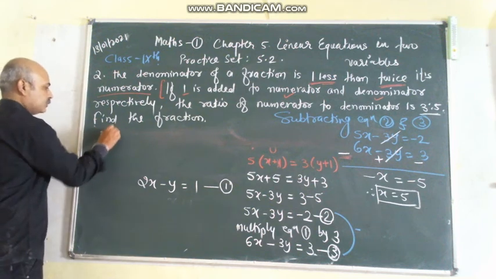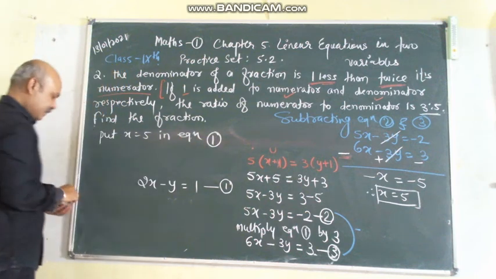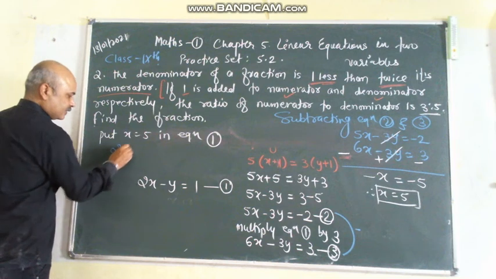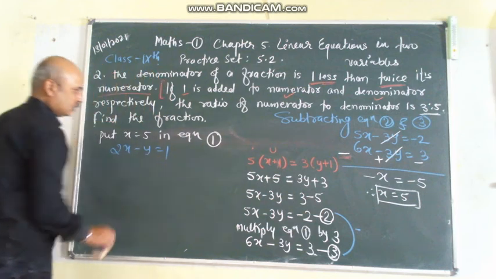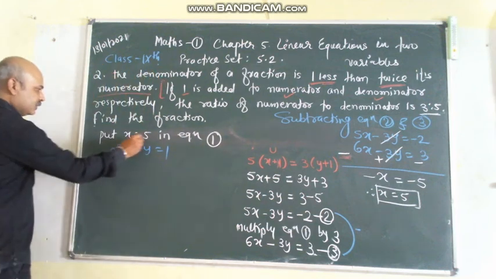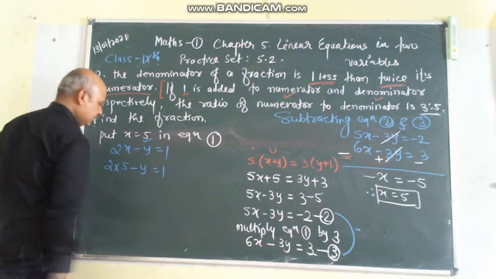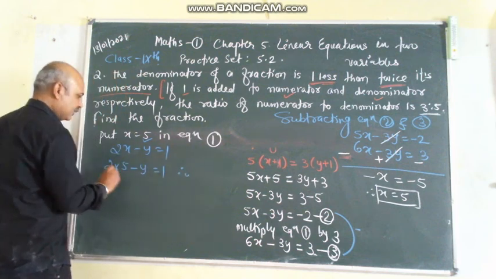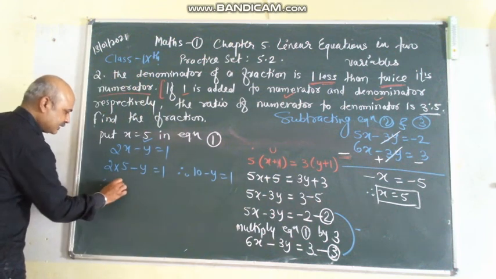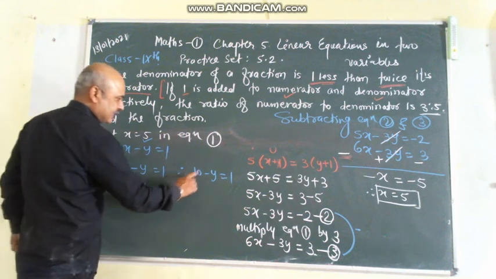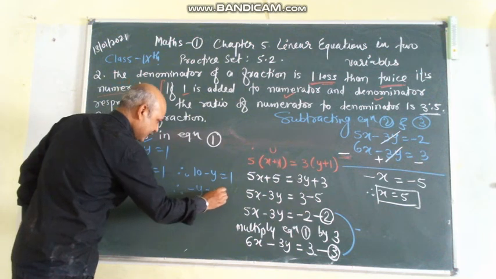So put x is equal to 5: 2 into 5 minus y is equal to 1. Therefore 2 fives are 10, 10 minus y is equal to 1. Therefore minus y is equal to 1, this plus 10 becomes minus 10, and therefore minus y is equal to minus 9.